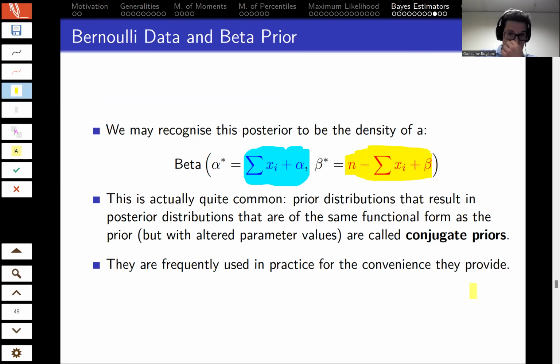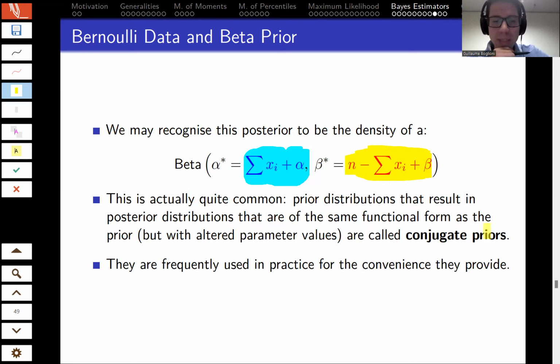Now, just a comment that this is not really a coincidence. It's actually quite common that the prior distributions that result in posterior distributions of the same functional form as the prior, but with altered parameters, are called conjugate priors.